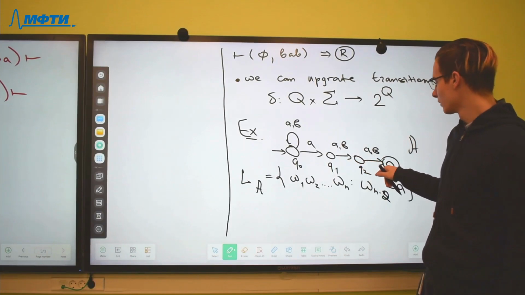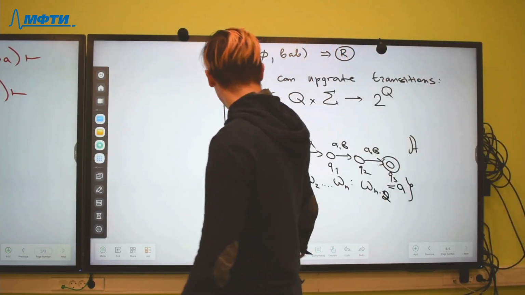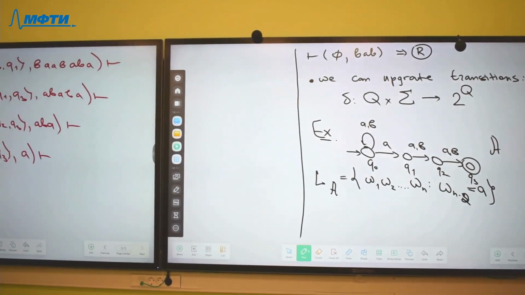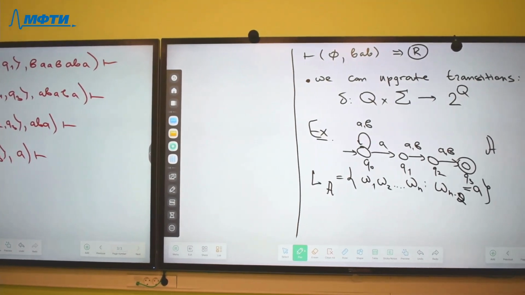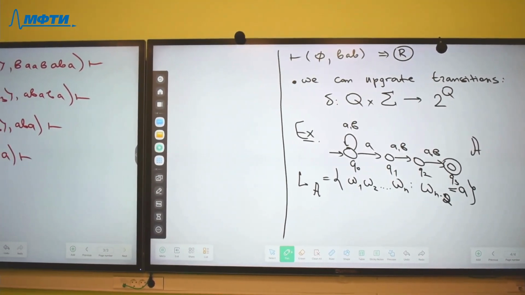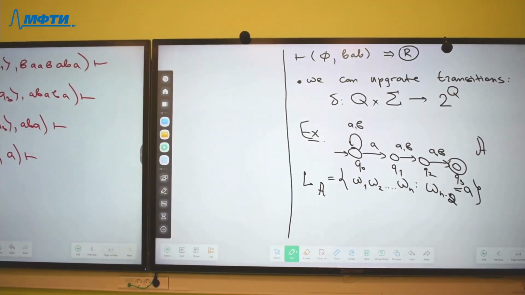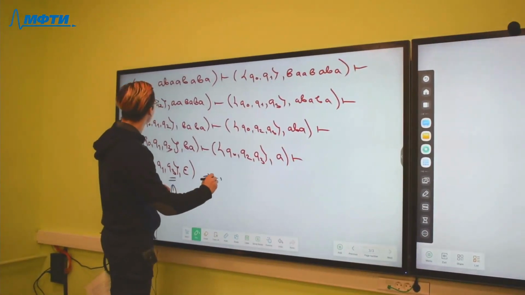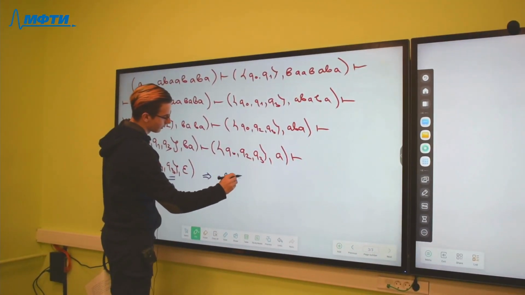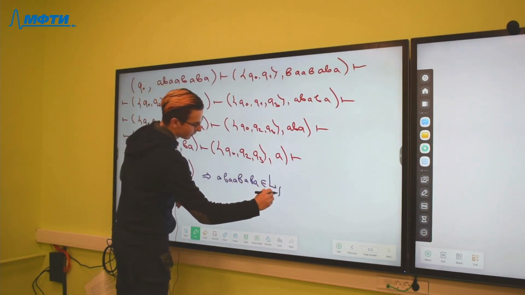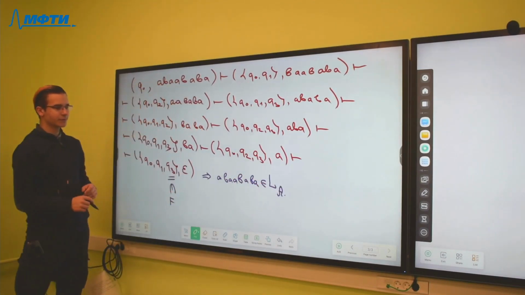Of course, we can shortly draw it by this point. So A, B, A, A, B, A, B, A is in the automaton language.